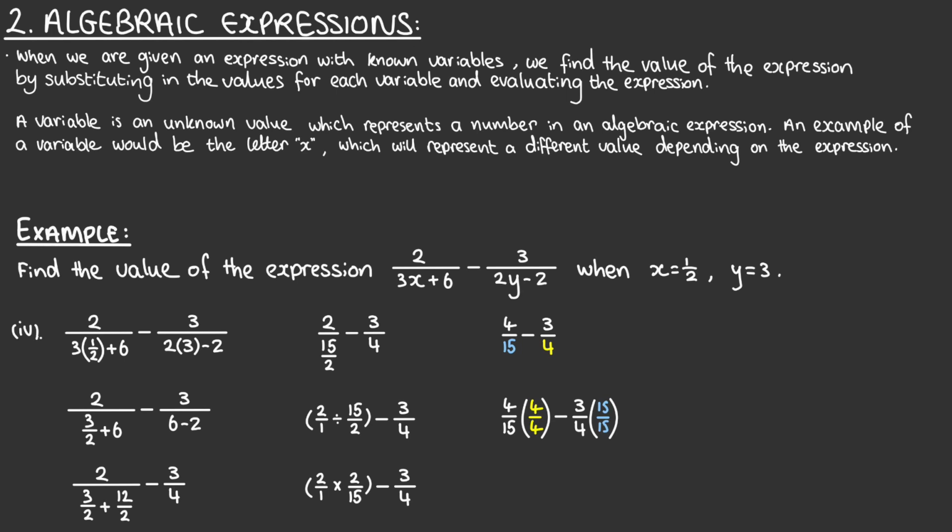This has no effect on the fraction, since multiplying a number by a different number divided by itself is essentially multiplying the number by 1, because any number divided by itself is equal to 1. So we get 16 divided by 60 minus 45 divided by 60. 16 minus 45 is equal to minus 29. So 16 over 60 minus 45 over 60 is equal to minus 29 over 60, which is our answer.